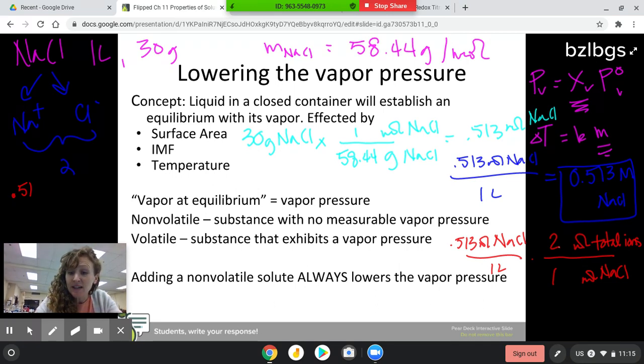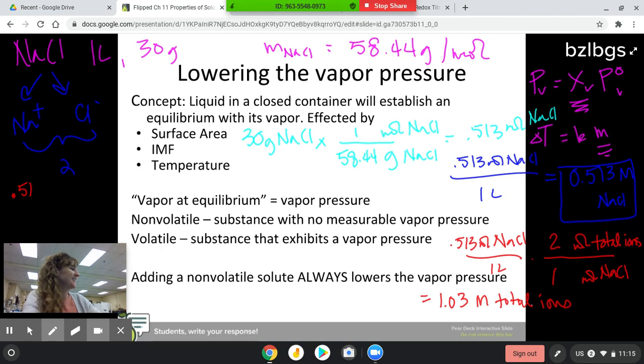So the molarity in terms of total ions would be 1.03-ish molarity of total ions. Yes, again, some of you beat me there. Very good. Exactly. So this is why we need the Van't Hoff factor.